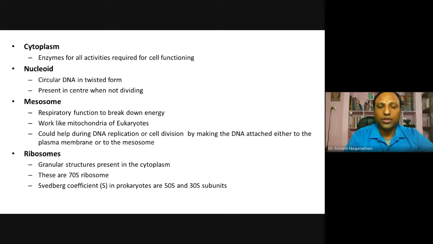Ribosomes. Ribosomes, as we know, are the granular structures present in the cytoplasm. During protein translation, they join together to form the 70S ribosomal unit. S stands for Svedberg coefficient; in prokaryotes they are of two types, the 50S and 30S subunits.